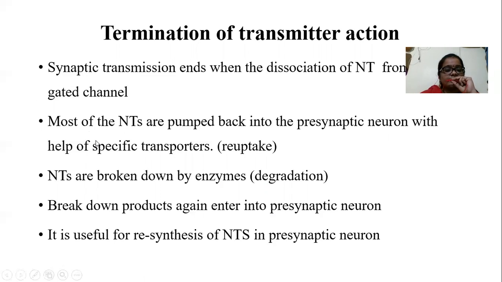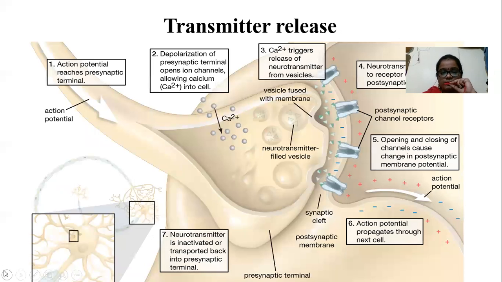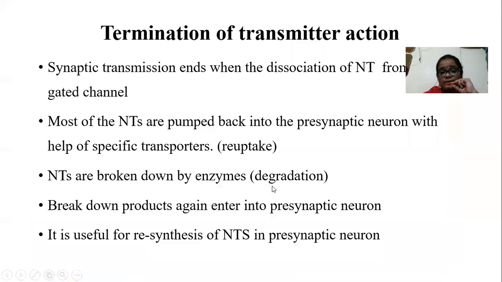And then most of the neurotransmitters are pumped back into the presynaptic neuron. Most of the neurotransmitters are inactivated because they are transported back into the presynaptic neuron. That process is known as reuptake.